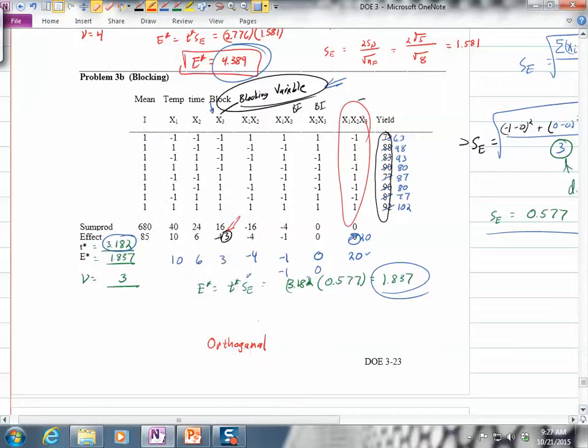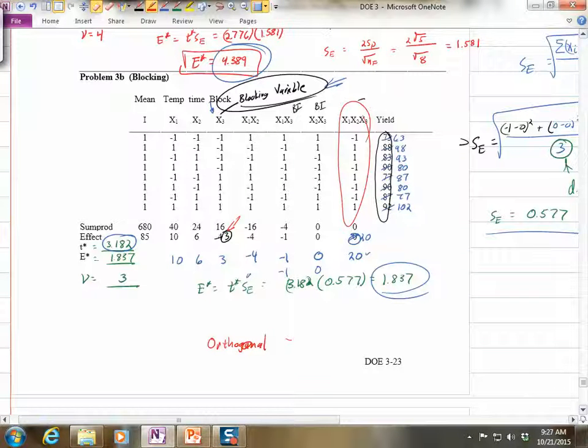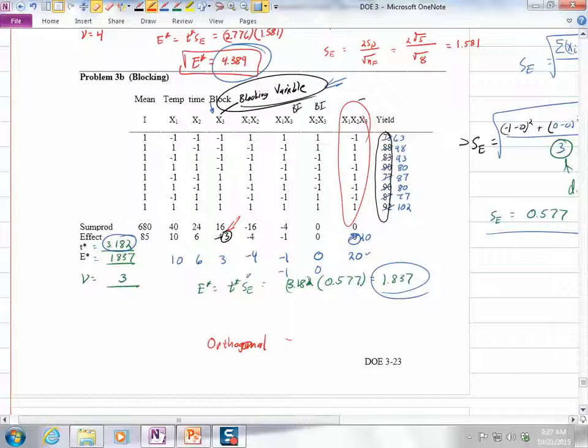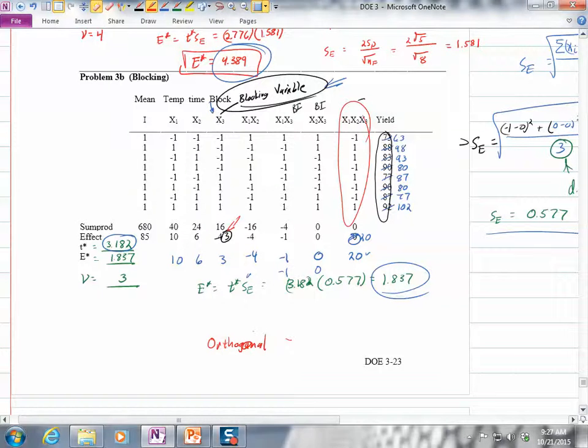Good. So we have orthogonal columns, which means the dot product of this column with any other one is 0. You take any 2 of these, if you think of these as vectors, and you dot them together, you get 0, right? That's what you learned in statics and other classes like that when you dealt with vectors.